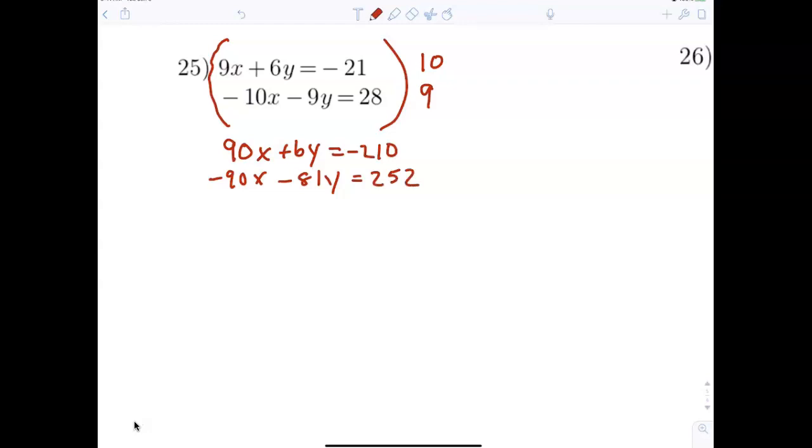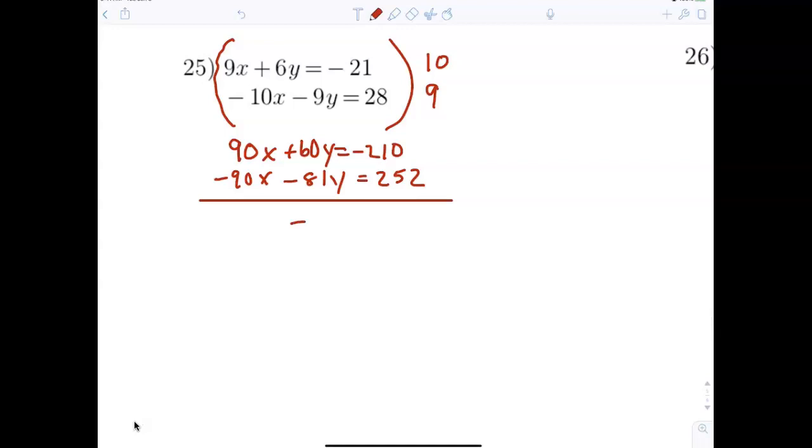252. 280 minus 28. Now let's go ahead and add them together. Almost forgot to work. There we go. Now when you add them, you get what?